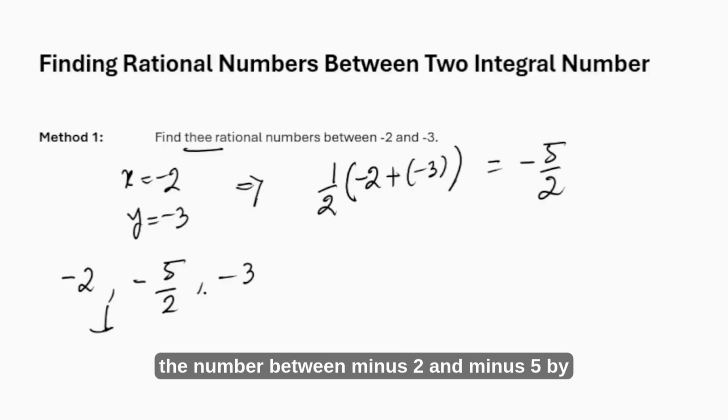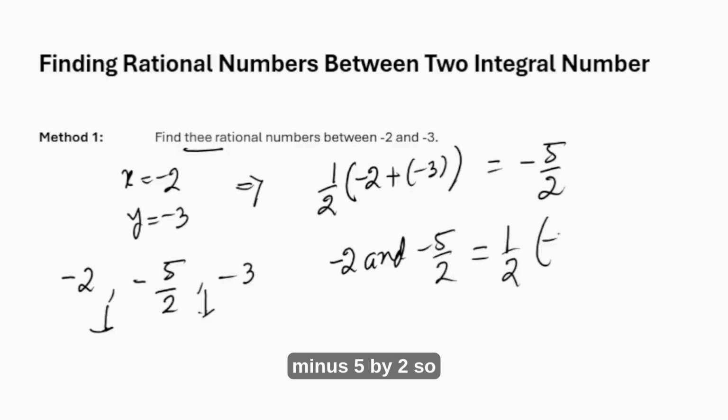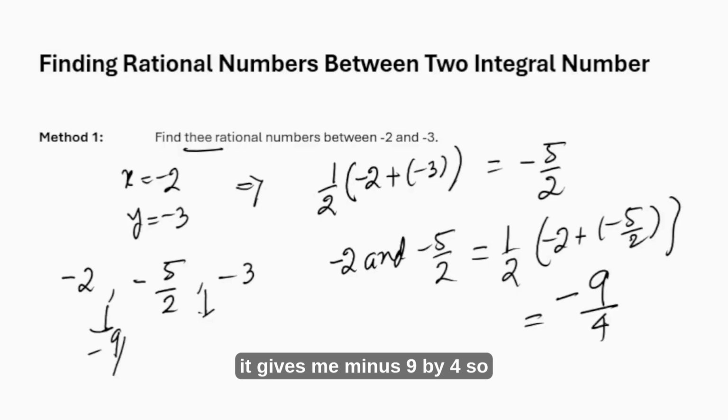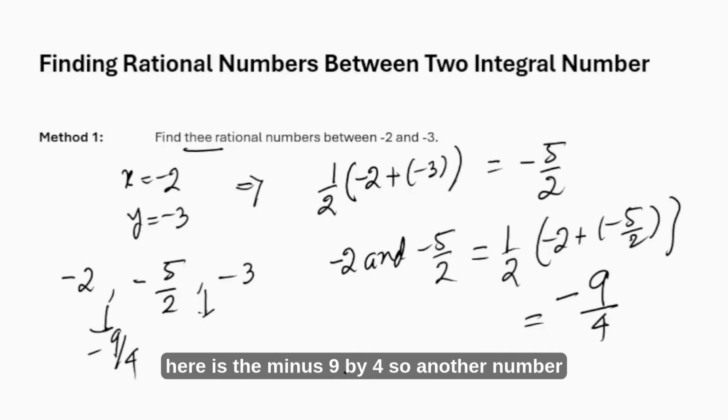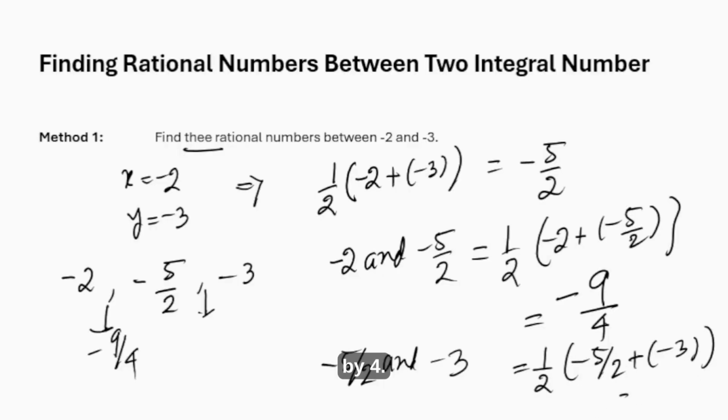So the number between -2 and -5/2 will be half of -2 plus -5/2. So it gives me -9/4. So here is the -9/4. Another number which is in between -5/2 and -3 will be half of -5/2 plus -3, which will give me -11/4.